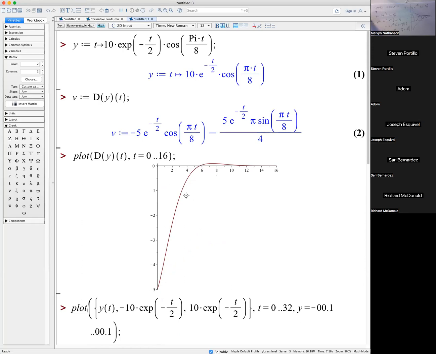So this is what the velocity looks like. And it's squeezed between this exponentially decaying curve e to the minus t over 2, but it goes up and then it comes down, right? That's what it looks like.